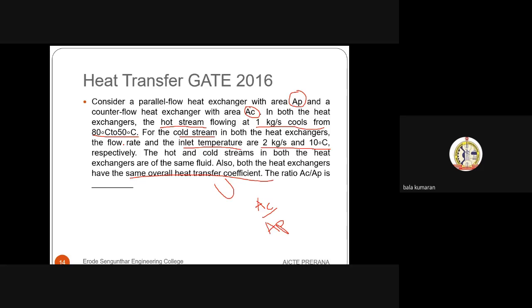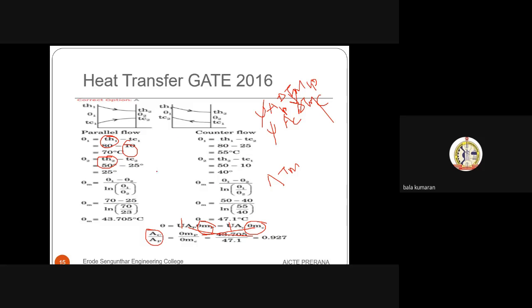The other temperature is 10 degrees Celsius. Three temperatures. 50 is half, 25, so that is here. So this minus this is 70 degrees Celsius and this minus this is 25 degrees Celsius. Take this 25, apply here. So 80 minus 25 is 55 degrees Celsius and 50 minus 10 is 40 degrees Celsius.